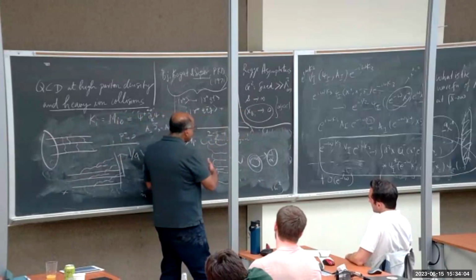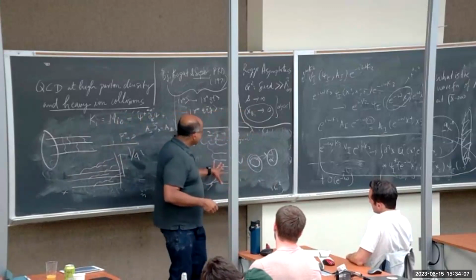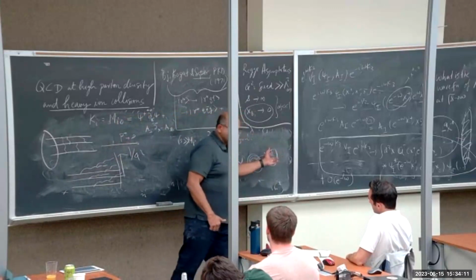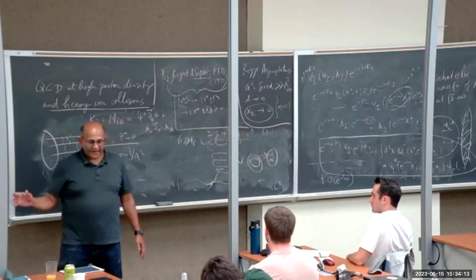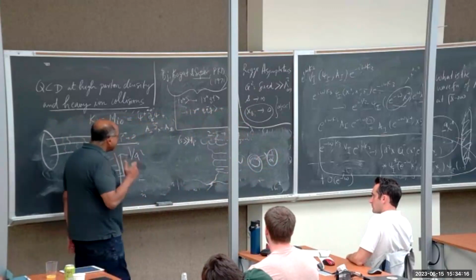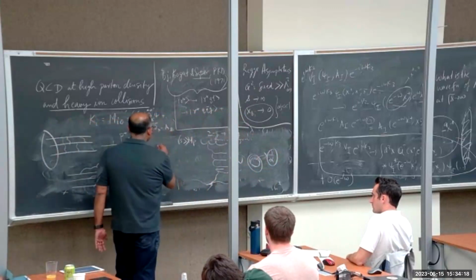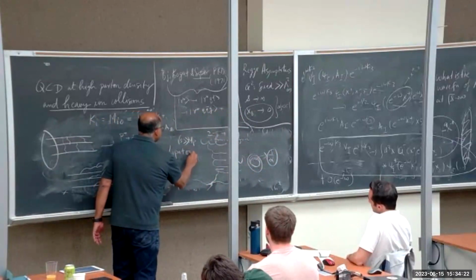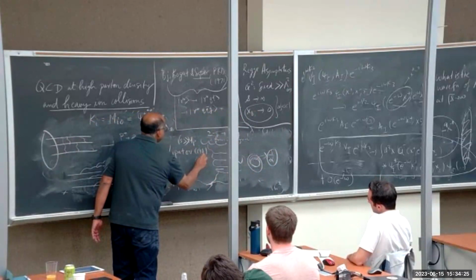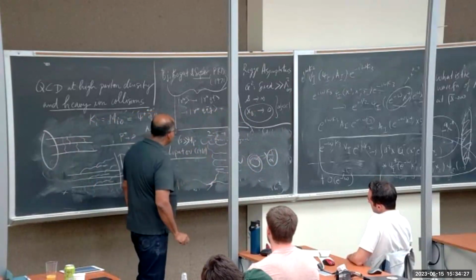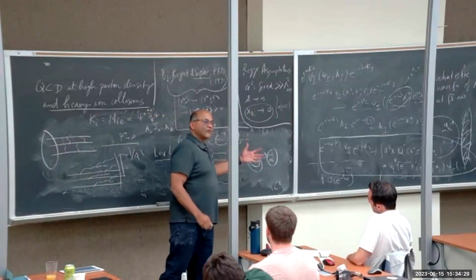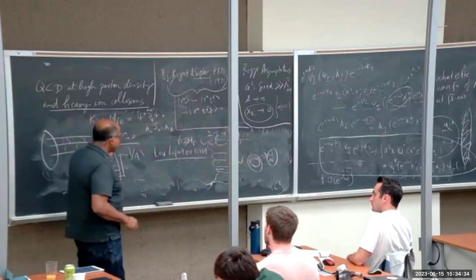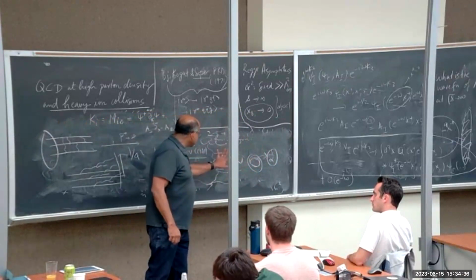And so the techniques that I'm going to talk about tomorrow, which allow us to compute this, can also be applied here. In fact, there's a very beautiful paper by Lev Lipatov from 1981, where he actually wrote down an effective theory for both QCD and gravity, which are based on exactly the same framework. And a lot of what I'm doing is inspired by that.